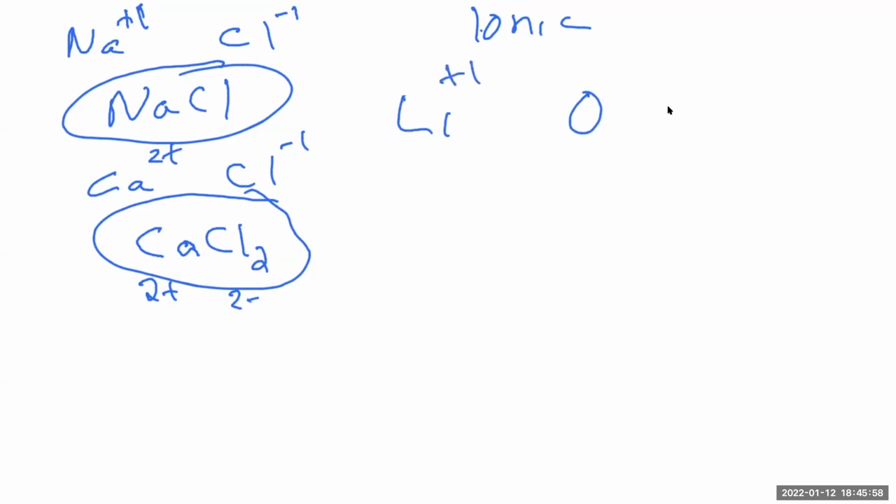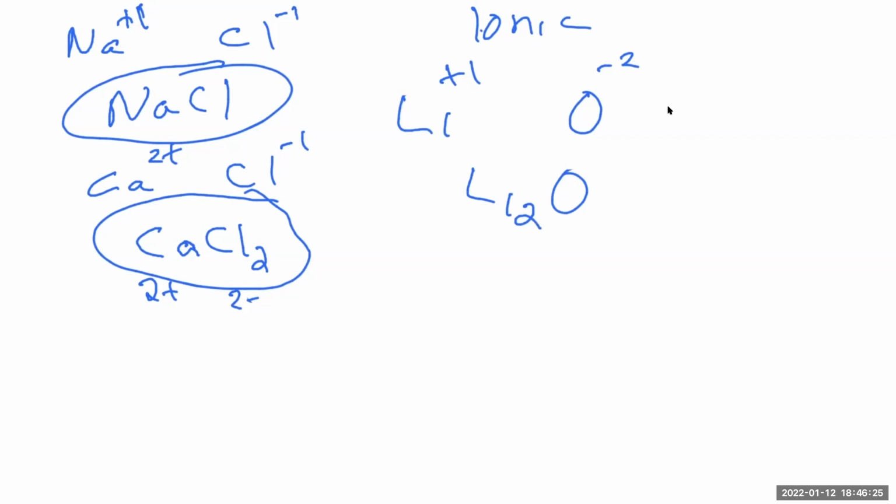It's number 8. -2. So how do lithium and oxygen have to combine? How many lithiums do we need? 2. Two lithiums and 1 oxygen. So Li2O. Now you know how to combine charges. Those are ionic compounds. It gets a little trickier, but we'll go over some rules.